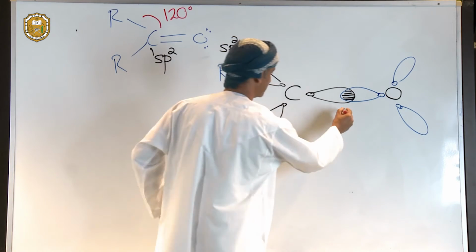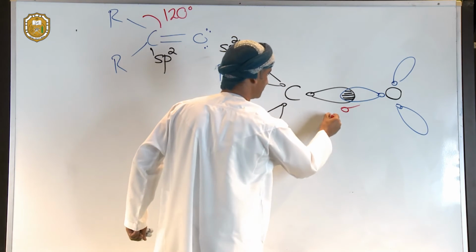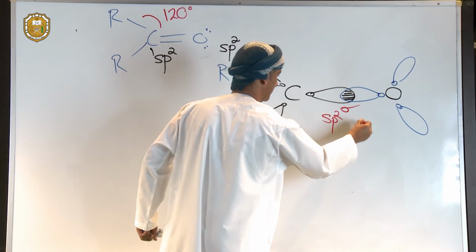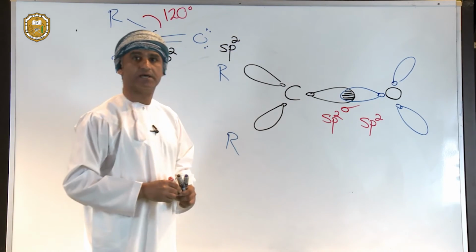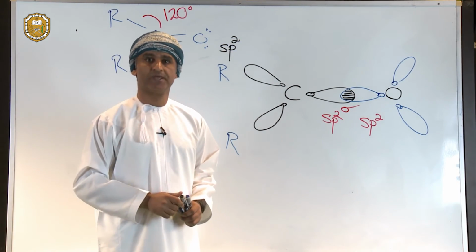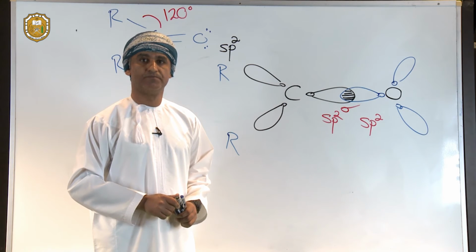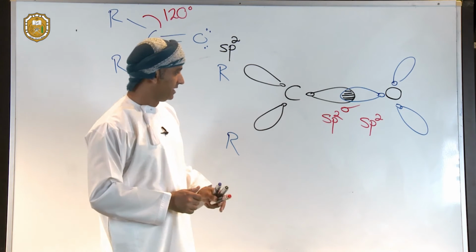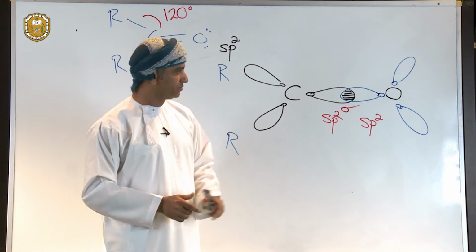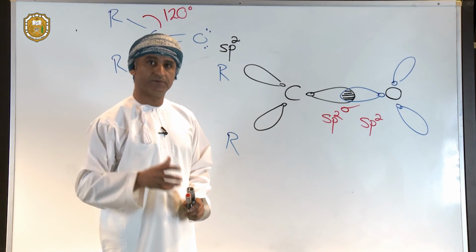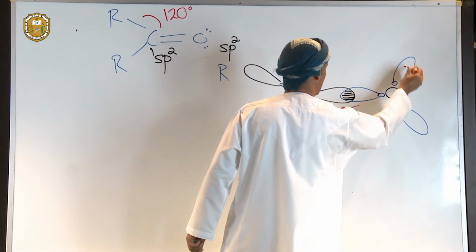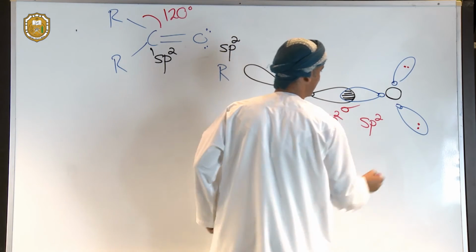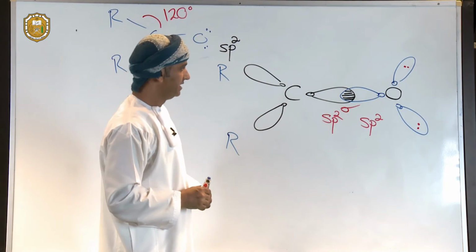So this is a sigma bond, which is formed by an overlap of an sp2 hybrid orbital from carbon with another sp2 hybrid orbital from oxygen. Now, the other sp2 hybrid orbitals on oxygen contain the lone pairs. Okay, so there are 2 electrons in that sp2 hybrid orbital, and there are 2 in the other.